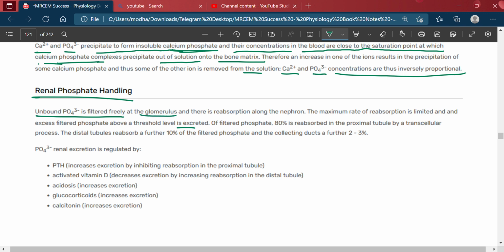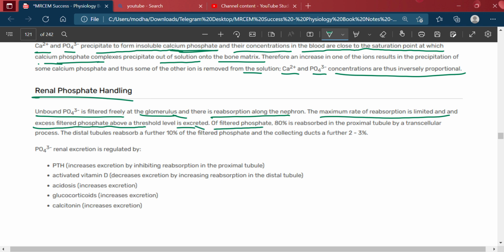Unbound phosphate is filtered freely at the glomerulus, and there is reabsorption along the nephron. The maximum rate of reabsorption is limited, and excess filtered phosphate above a threshold level is excreted.